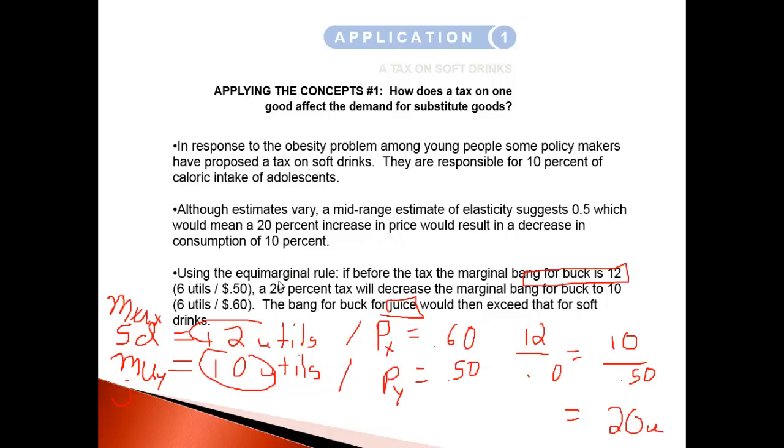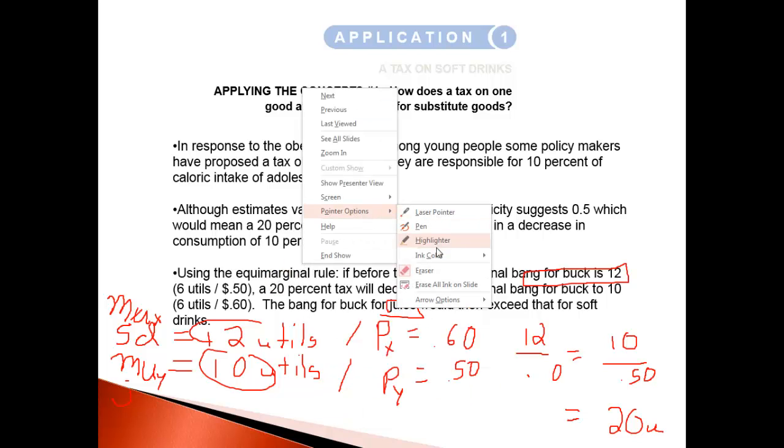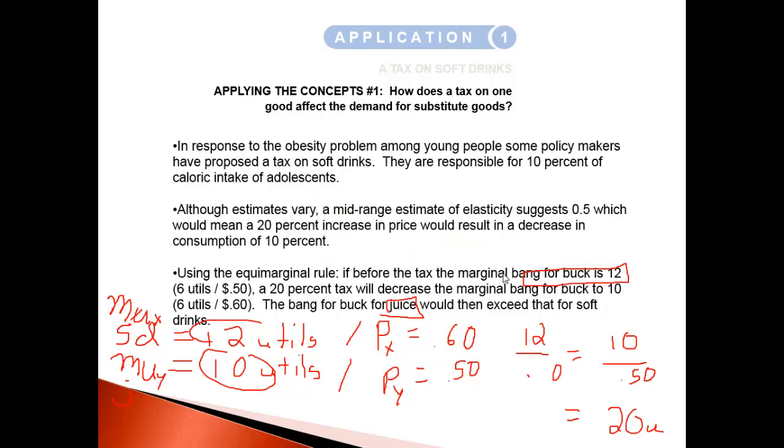Let's see. What we would state is that 12 divided by 0.8 equals, and I know this one, it's 15 utils. Now we've got two different amounts of utility that affect us, right?